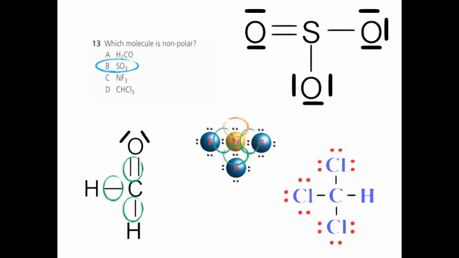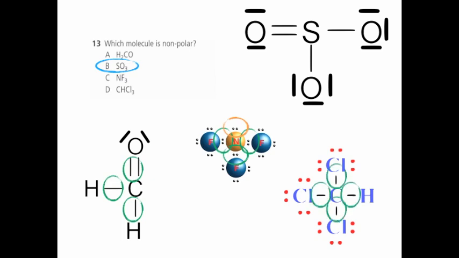If we look at NF3, we've got four charge centers but one lone pair, so it will make a trigonal pyramidal shape, which all the polar NF bonds will be pointing towards the nitrogen at the top of the pyramid, so it's a polar molecule overall. This shape is not making the bonds cancel out.